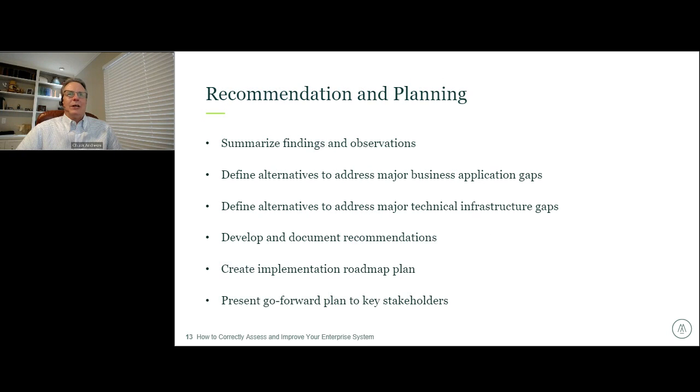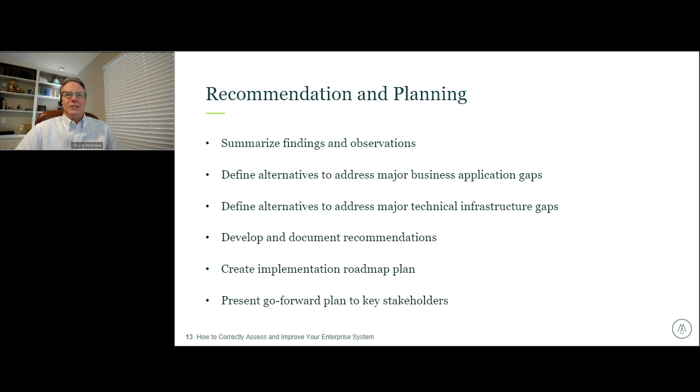When we're looking at recommendations and planning, we're going to summarize our findings and our observations, and we're going to define the alternatives and the options to address the major business application gaps. And basically what we would mean there would be, do we need to consider the replacement of an application, or do we need to consider optimizing or re-implementing the way that that application is set up?